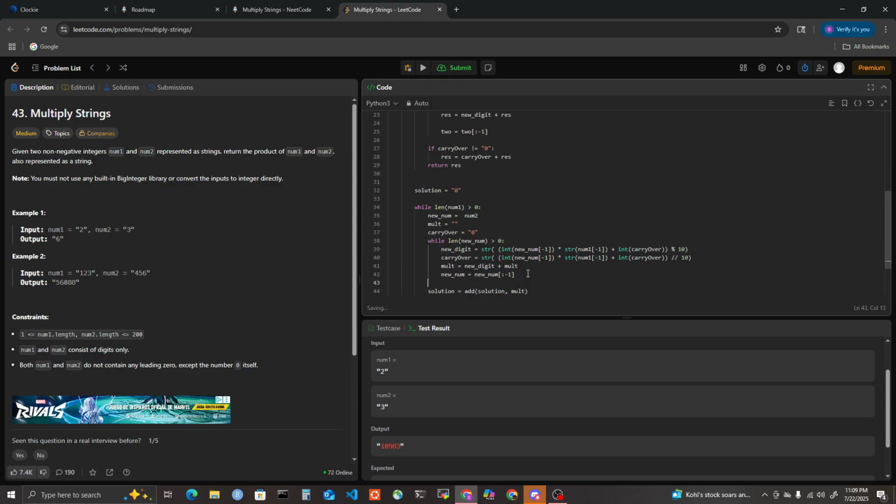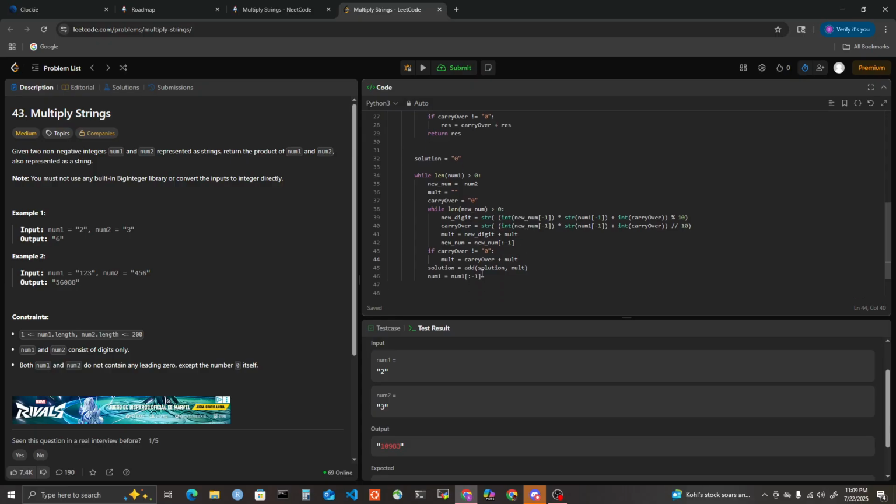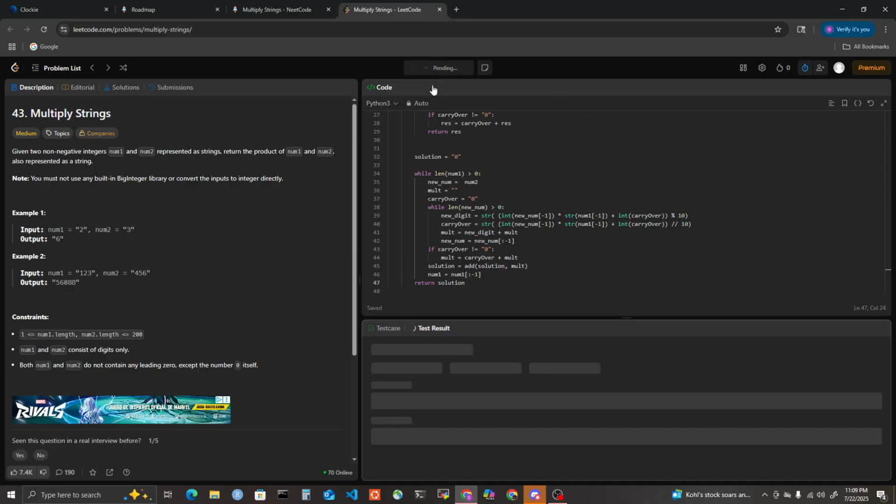And I'm going to go down here, I'm going to say if carryover is not equal to 0, then mult equals carryover plus mult. Cute. Alright, let's see if I get anything out of that.